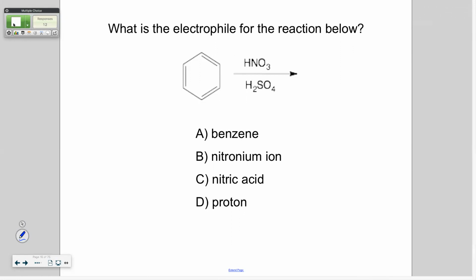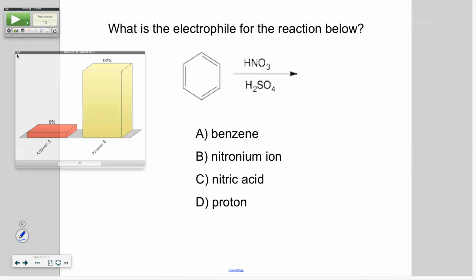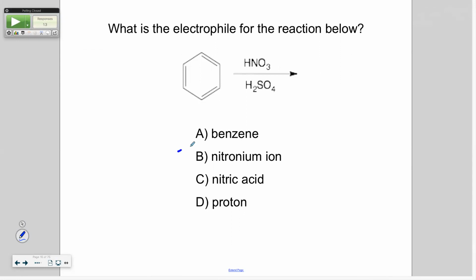Yeah. Yep, it's B. The nitronium ion is the electrophile. Remember, we're doing electrophilic aromatic substitution. So every reaction has an electrophile, and that's what the benzene goes for.